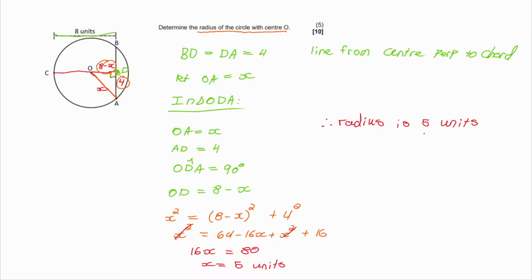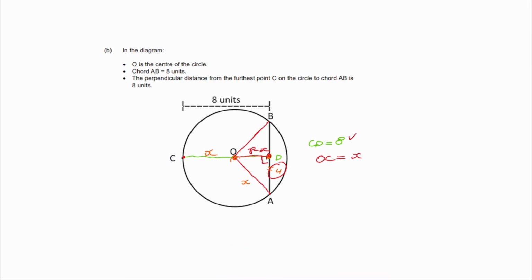Okay, so I hope that made sense over there. Again, I just want to clarify, we knew that this angle was 90 because we knew that CD was the perpendicular distance, and it went through the center.